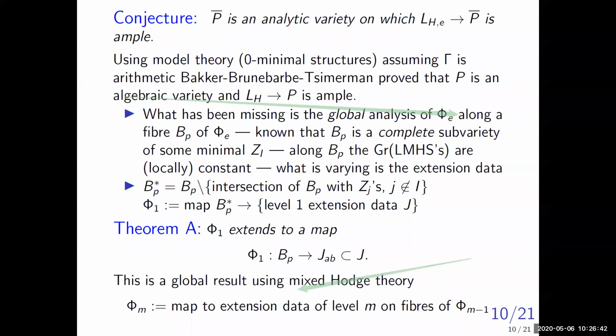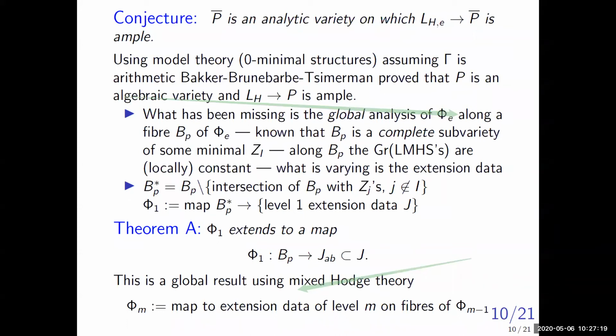Now you're mapping this open variety to a compact torus, J. The induced map on the first homology is a morphism of mixed Hodge structures. And if you think about it, the first homology of the open one has two pieces. The first is the first homology of its completion, and the second is the zeroth homology of what you've taken out, where it meets the lower dimensional strata.